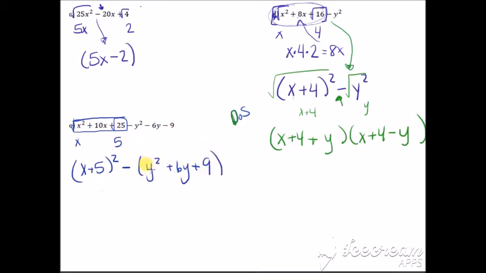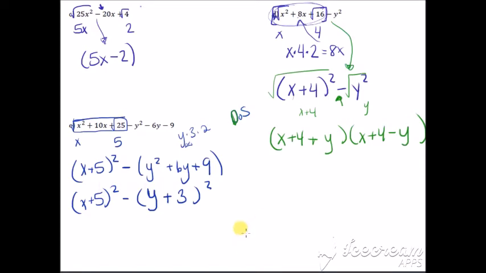Okay, can we root the first? Yes. Can we root the last? Yes. And is that middle term 6y? Yes. So we can go ahead and use perfect square trinomial with this one as well. The root of y squared is y, the root of 9 is 3, and this is a positive here.